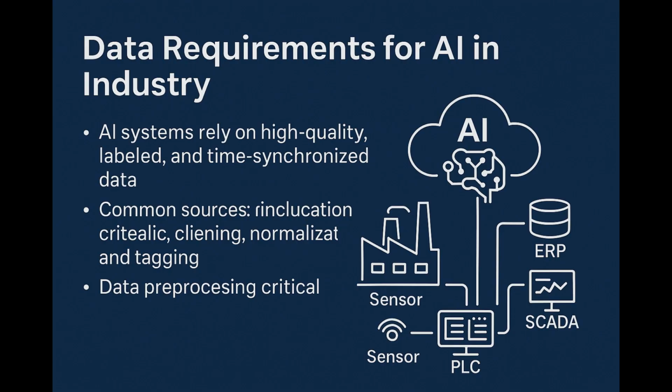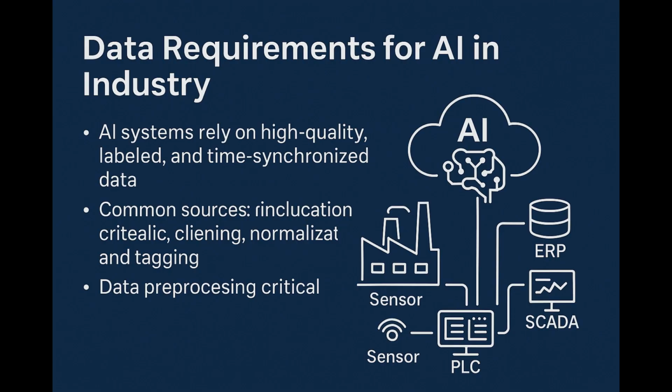The data must be time-synchronized, labeled if possible, and free of noise, gaps, or inconsistencies. For example, if you're building a model for predictive maintenance, you'll need high-resolution time series data from vibration sensors, temperature probes, or current monitors along with historical records of failures. For visual inspection, you'll need thousands of annotated images showing examples of both good and defective products.